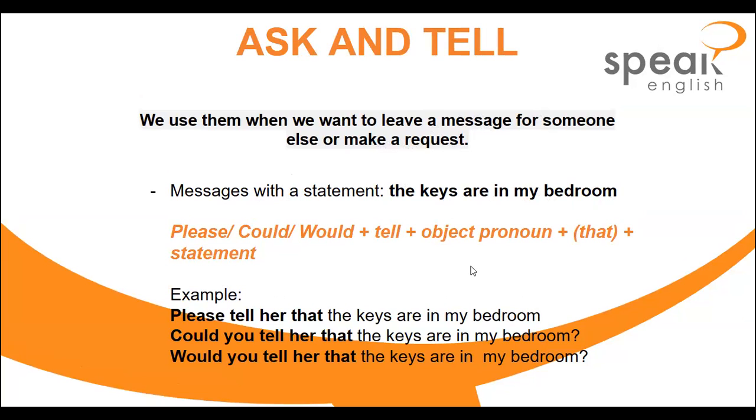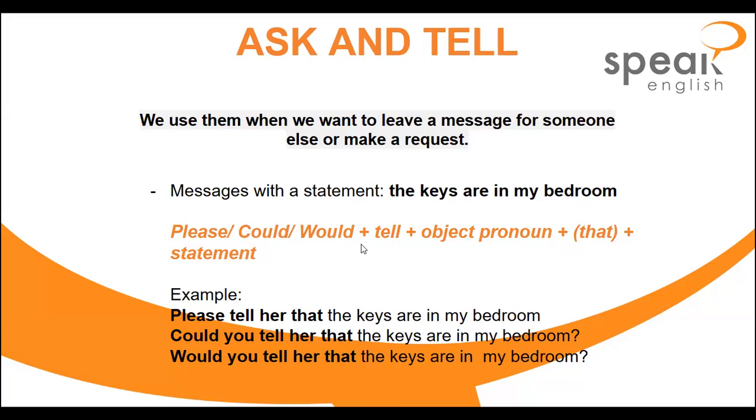So this is a single sentence. But if we want someone to tell that sentence to someone else, we can use this formula that I have in here, or this structure that you already have in the platform too. Okay, so we can use the word please. We can also use the word could or would.